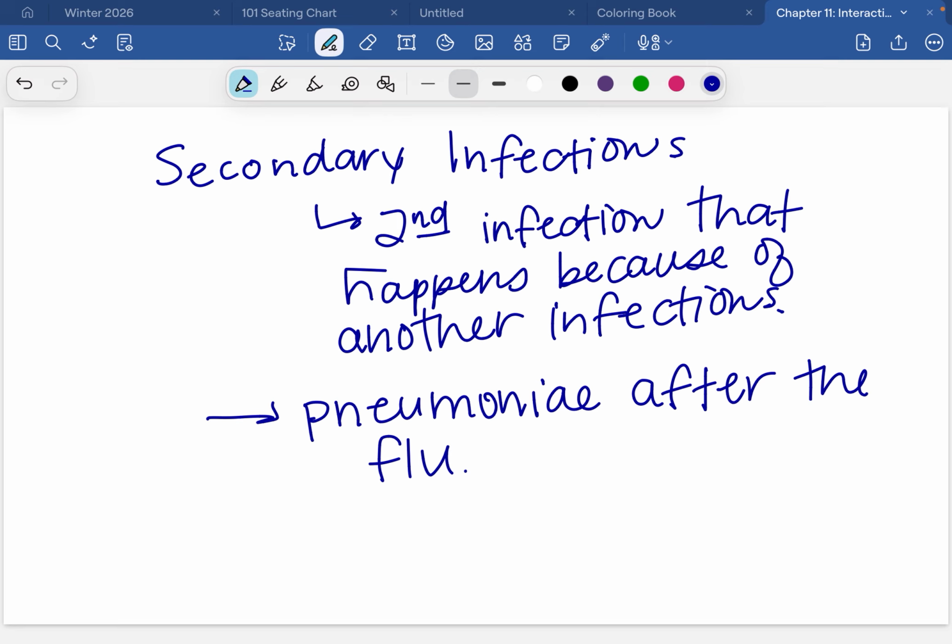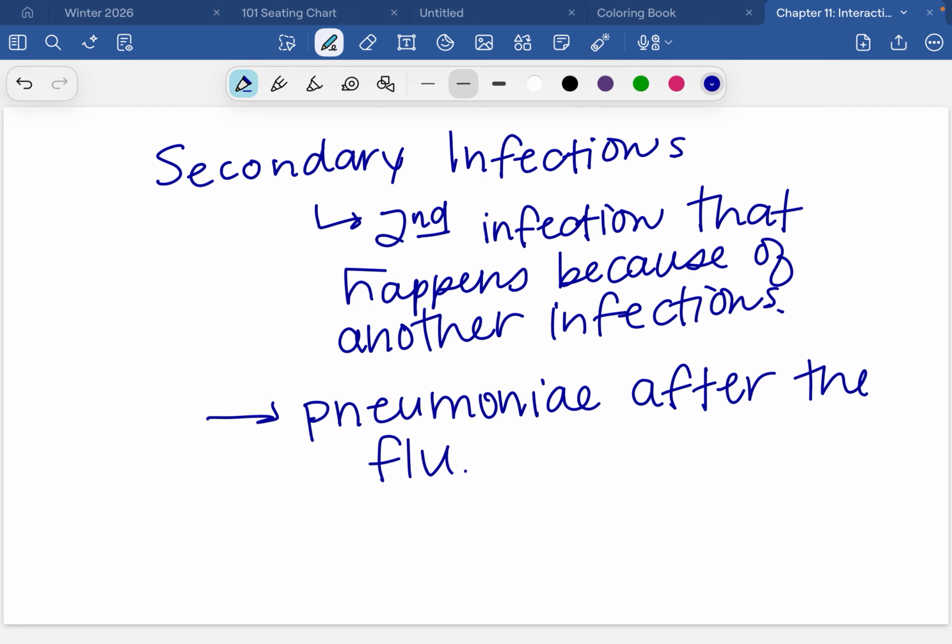But as the flu is kind of exiting their body, because their body is kind of tired out and a lot of other reasons, that person can get a secondary infection. Because the lungs are kind of damaged from that initial influenza infection, that can allow bacteria to get into the lungs and cause a secondary pneumonia.